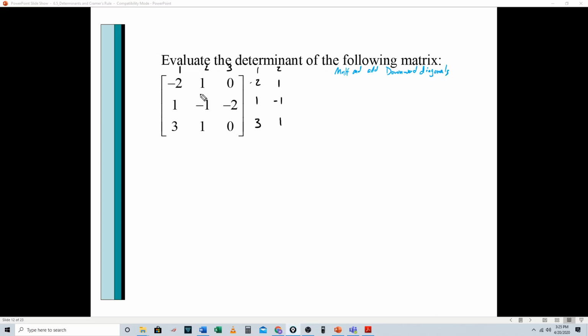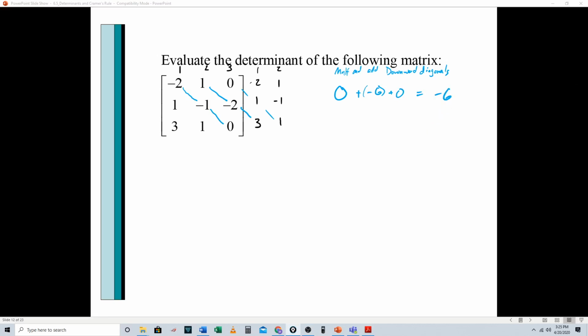That means multiplying these together. So negative 2 times negative 1 times 0 is 0. Plus 1 times negative 2 times 3, which gives you negative 6. And then 0 times that is 0. So we get negative 6.